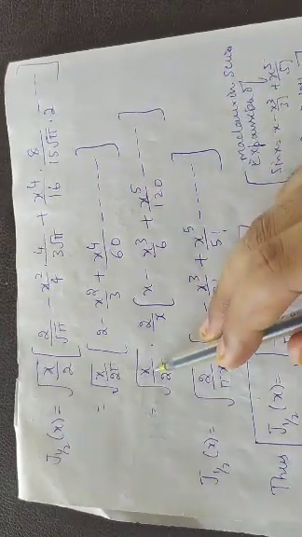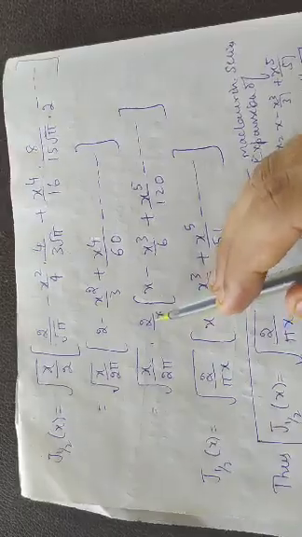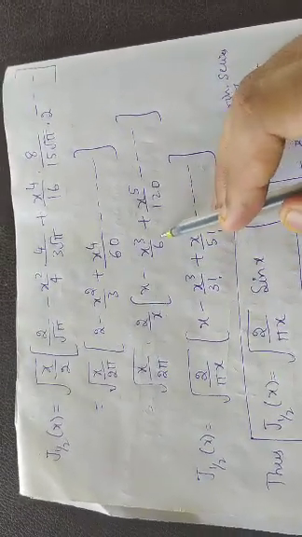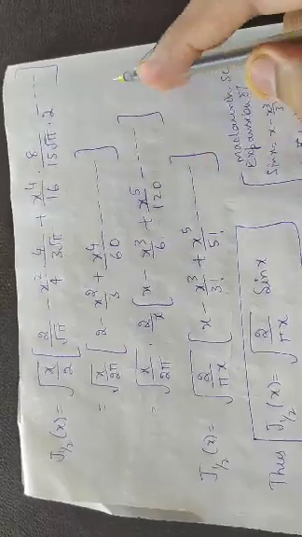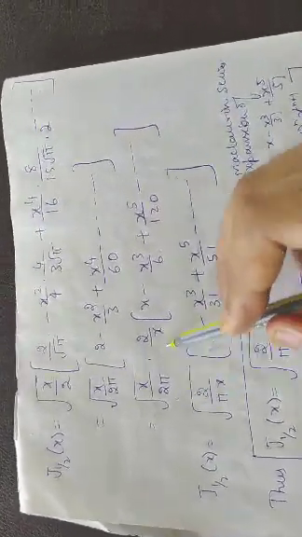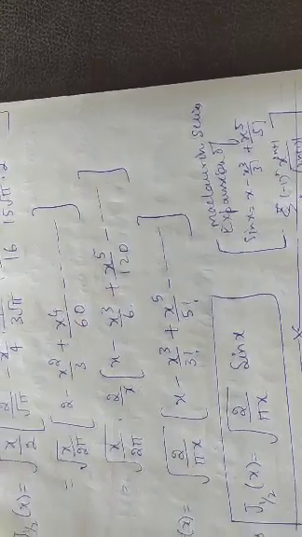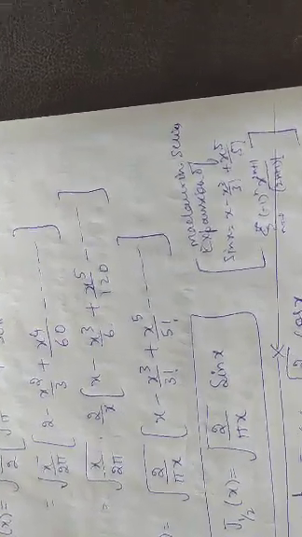So again it is nothing but root of x by 2 pi into 2 by x, times the bracket x minus x cube by 6 plus x power 5 by 120, like this it goes on. Again, this you have to simplify. So it is root of x by 2 pi into 2 by x.